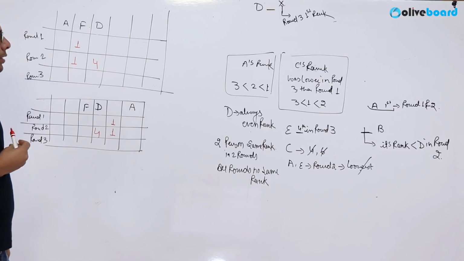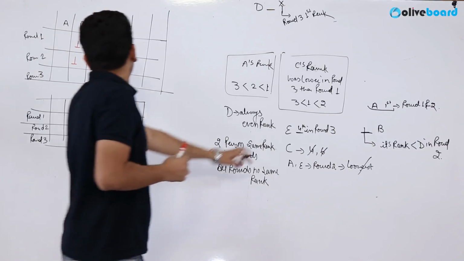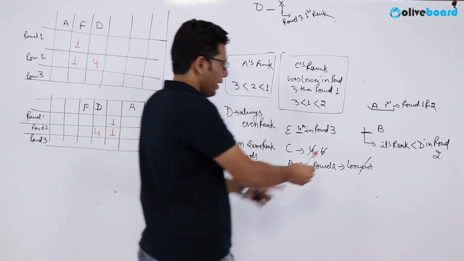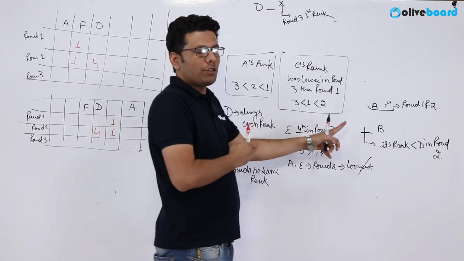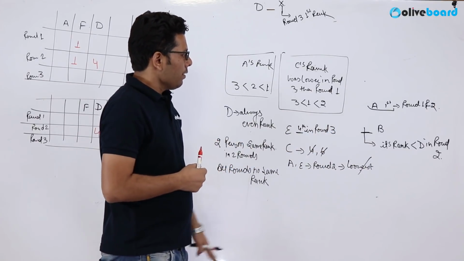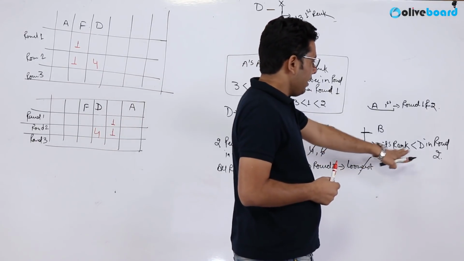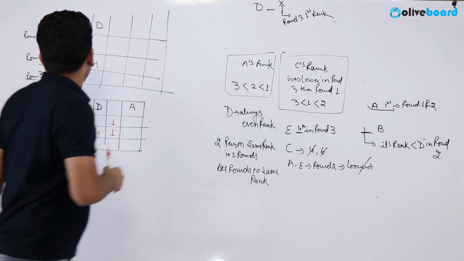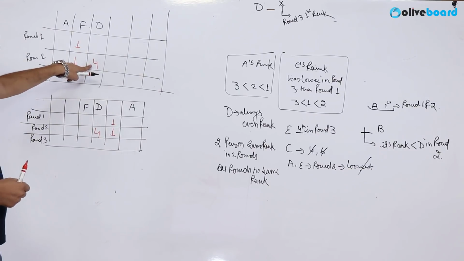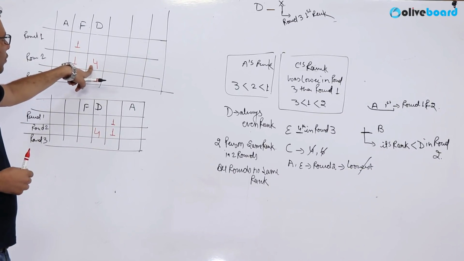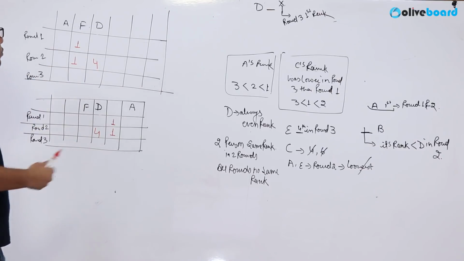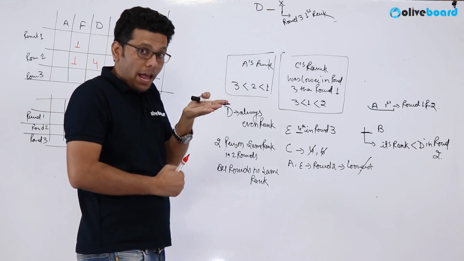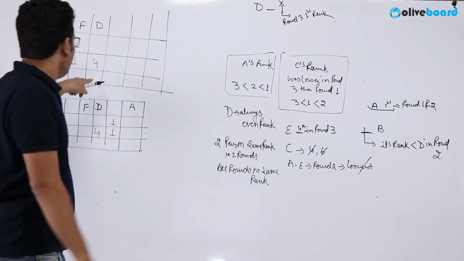What does the next point say? This is a related point you can put. B is immediate right to the person whose rank is less than D in round 2. So D's rank in round 2 was 4, so the person who would be the immediate left of B should have a rank lower than 4.